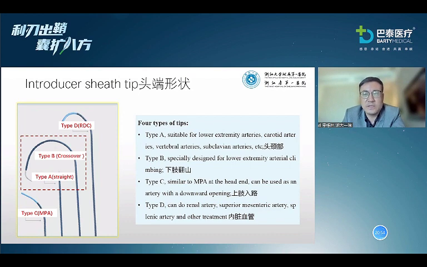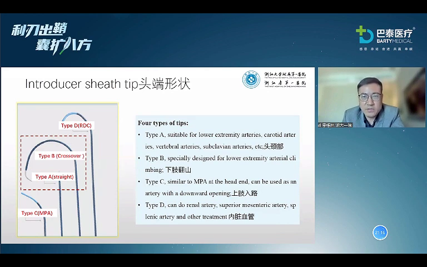There are 4 types: A, B, C, D. The straight ones are better for the carotid artery, vertebral artery, subclavian, and so on. The slightly curved one is designed for crossover, although of course we can use the straight one because it's very flexible.